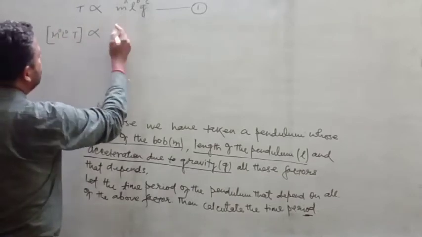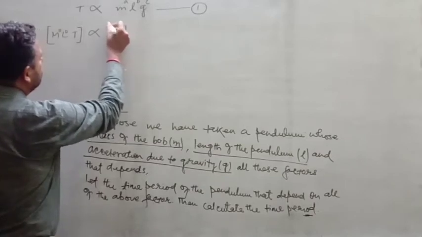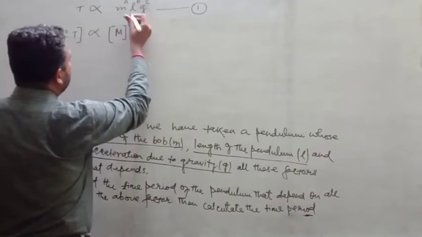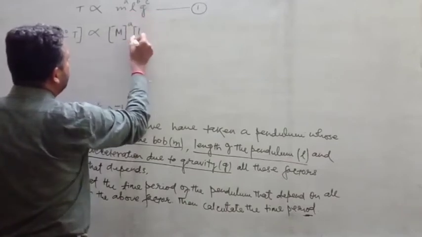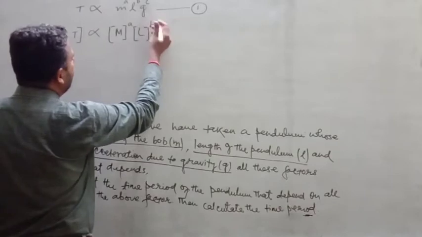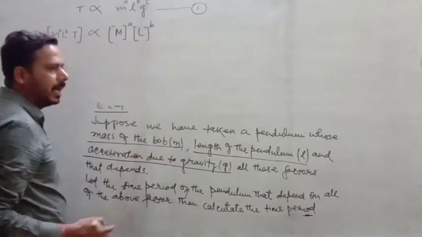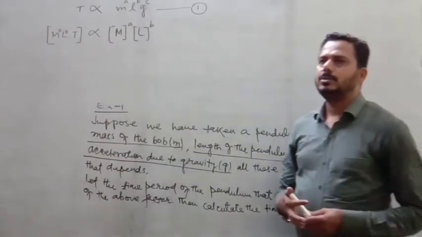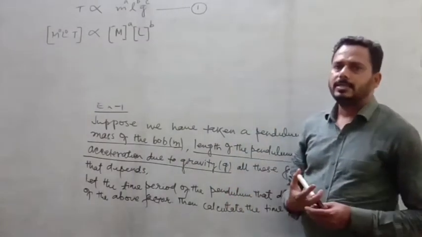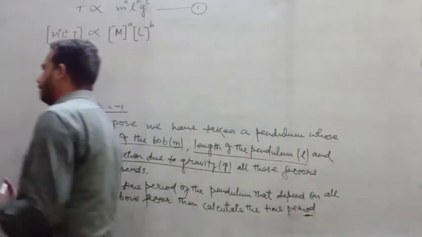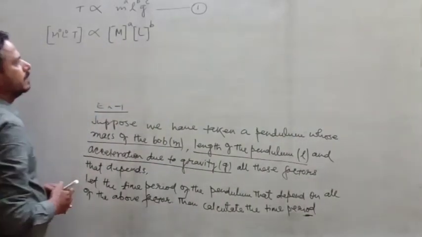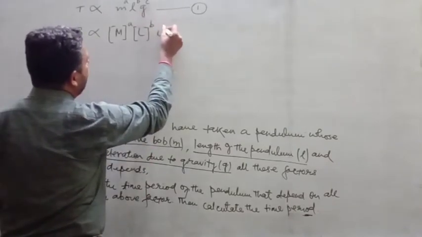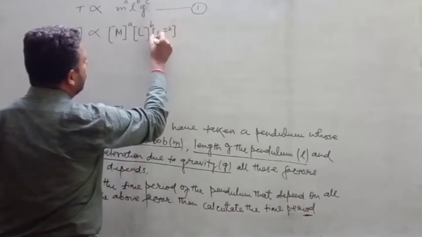Accordingly, this is your mass m to the power a, this is length having dimension L to the power b. Now this is your acceleration due to gravity. You know the dimension of acceleration is LT to the minus 2, just like a simple acceleration in kinematics. So this is LT to the minus 2, to the power c.